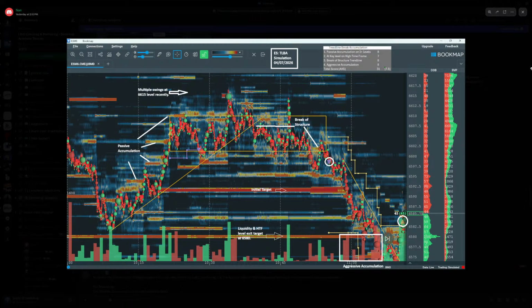I mean, the horizontal structure is something that I usually bring up as well, because it's really helpful to take this horizontal structure and bring it to, because if you were looking to short, okay, so let's just think about this short from the perspective of a trendline break accumulation short.